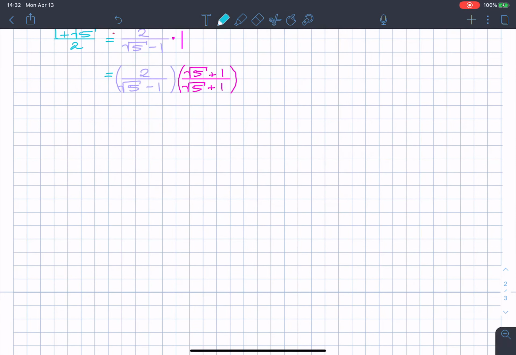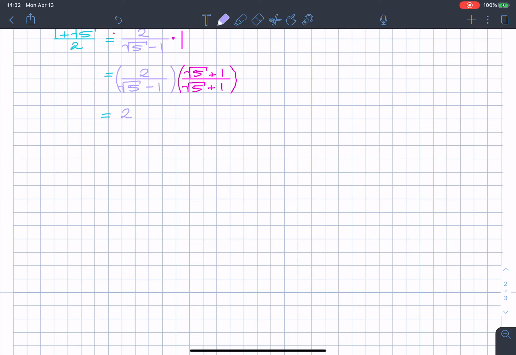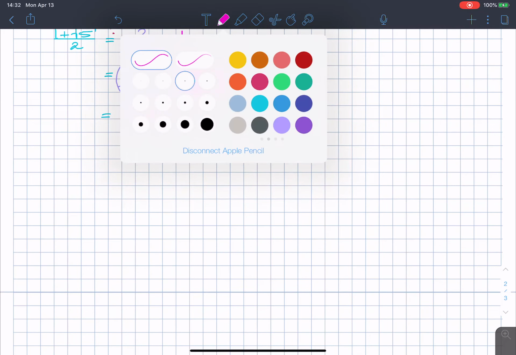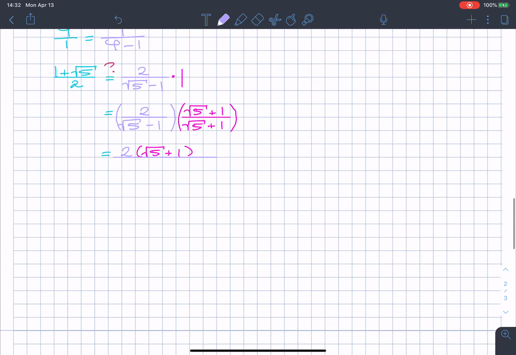Okay. So what do I get then? Let's multiply the top. I get 2 times the quantity, the square root of 5 plus 1, divided by multiplying the 2 guys on the bottom. So let's go ahead and FOIL that out.